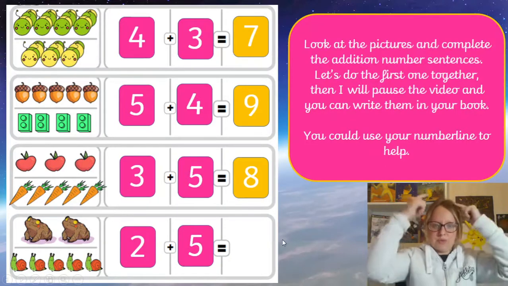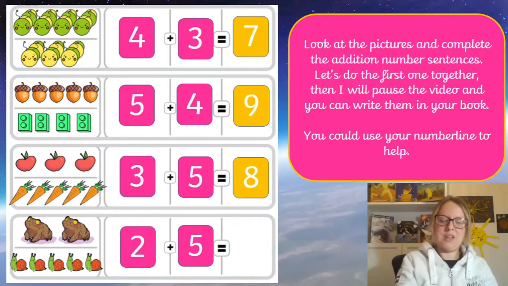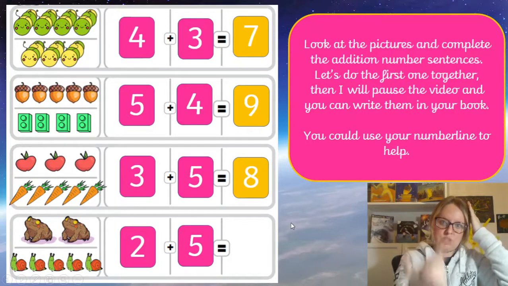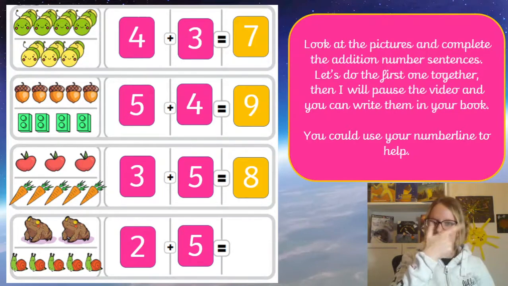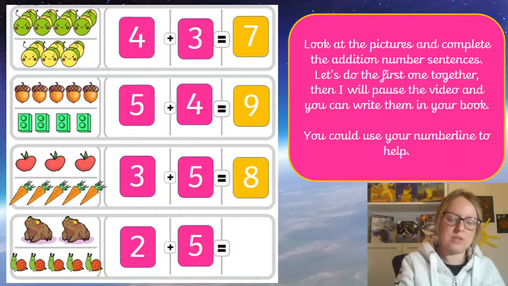So I'm going to put 5 in my head and use my fingers to count on the extra number. So I put 5 in my head and I'm adding on 2. Ready? 5, 6, 7. My total number altogether equals 7. So 2 add 5 makes or equals 7.